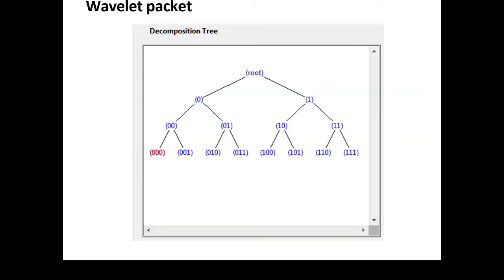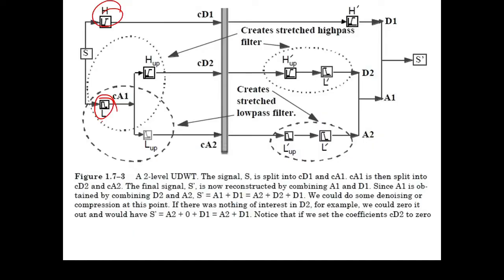Okay, now the problem with this kind of discrete wavelet transform is that suppose you have a signal, for example an ECG signal, with a bandwidth of 100. In the first half you will have the low one, 0 to 50 hertz. This one will have 50 to 100 hertz.